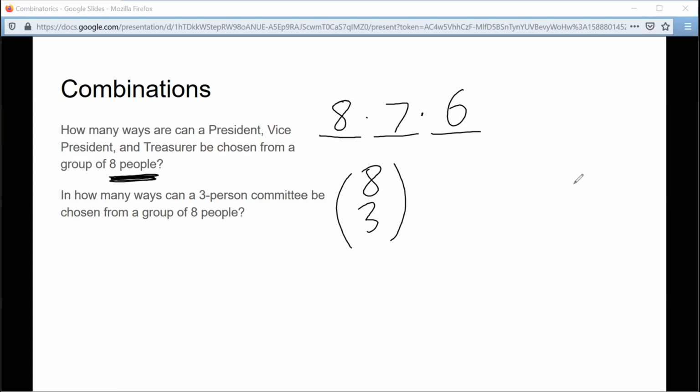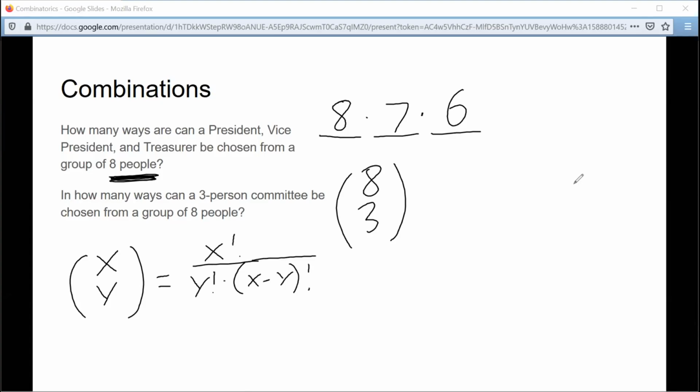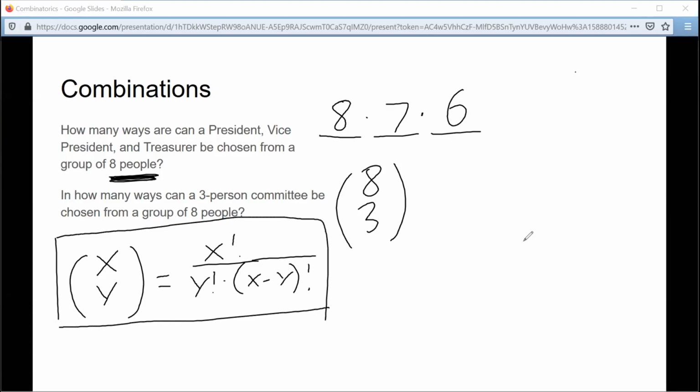Basically, if you have anything of the form x choose y, then that is always going to be equal to x factorial over y factorial times x minus y factorial. So that's a formula for combinations, and you should probably remember that.